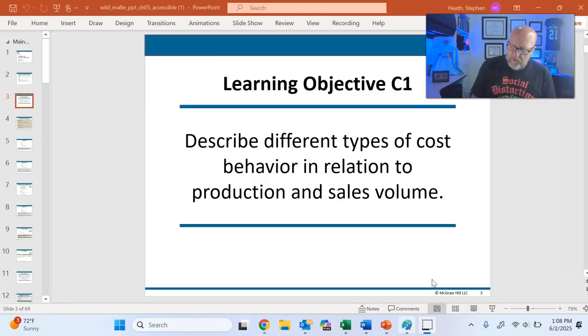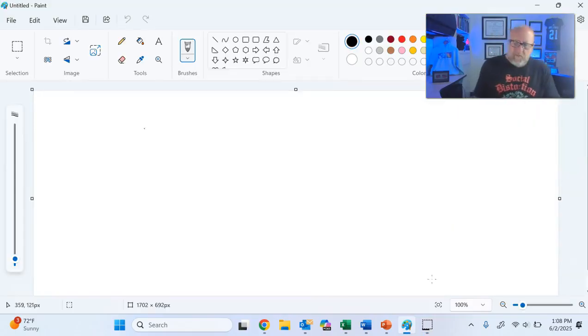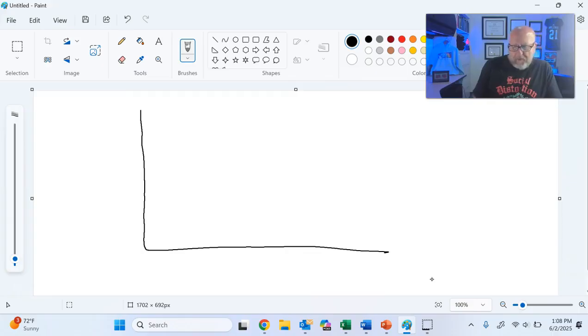All right. So if I go to my chalkboard and I draw my awesome pictures, the first type of cost that I'm going to want to talk about is what I refer to as a variable cost. A variable cost is a cost that is going to increase based on the volume of production.